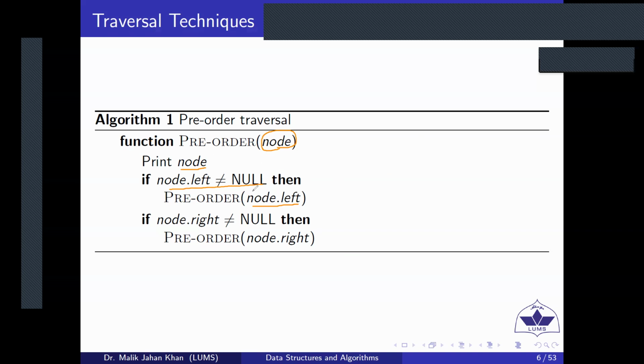But if it is null, then this condition is false and it will move to the second condition, which says that if node.right is not null, then do this for the right subtree. And if that is not true, then it will just stop. That means this function was called on a leaf node and it just printed that node. It does not have a left child and right child. That's what it means by having those two conditions as false.